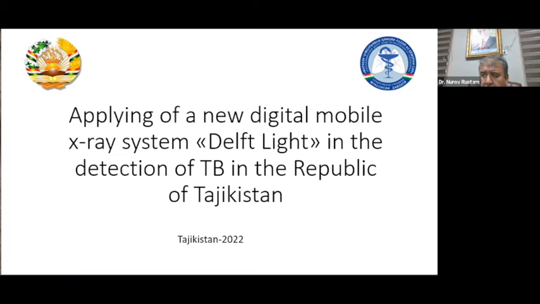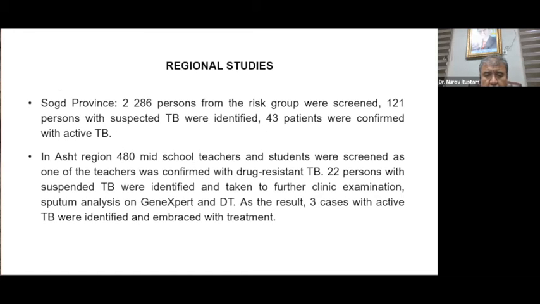In Sogt province, we have screened more than 2,000 persons, and you can see that 43 persons have been confirmed with active TB out of 121 persons who have been suspected to have TB.